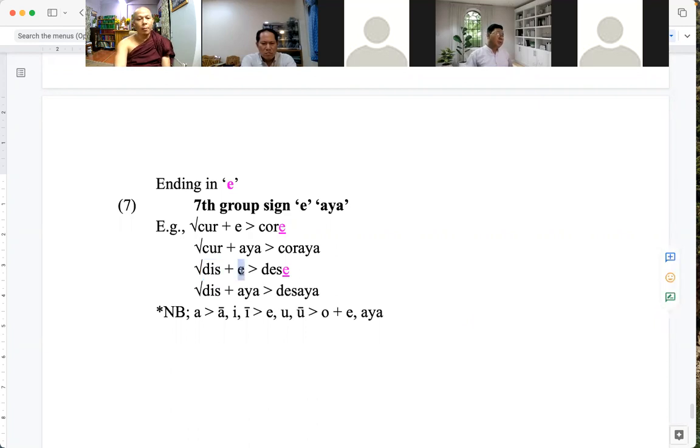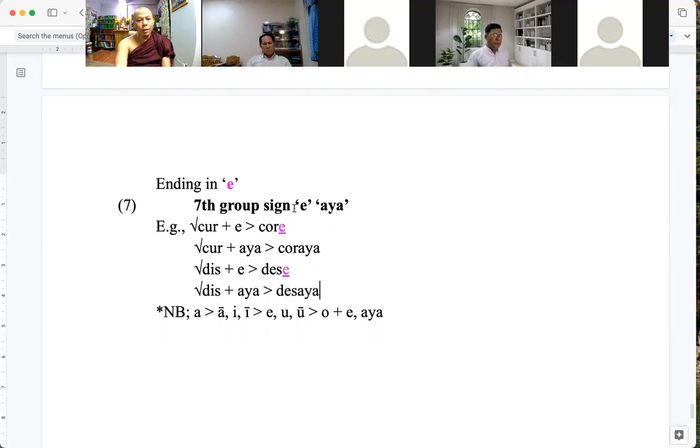So here we apply the seventh sign a, that is, root vowel e is changed to a. So Desi. And the same way, with the ya sign, it is changed to a. So that is we have the days here.